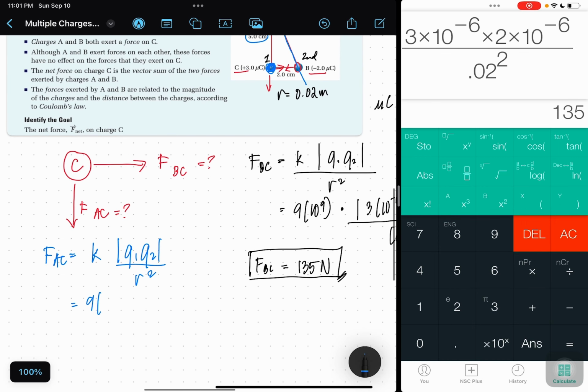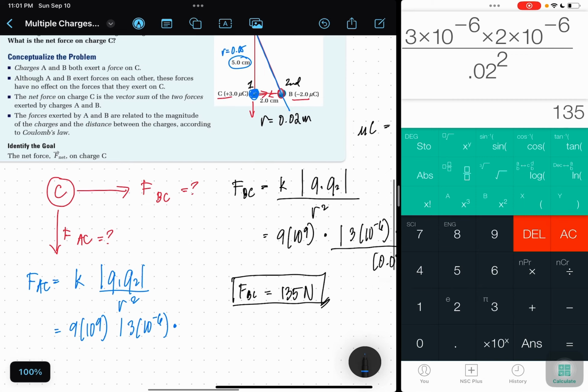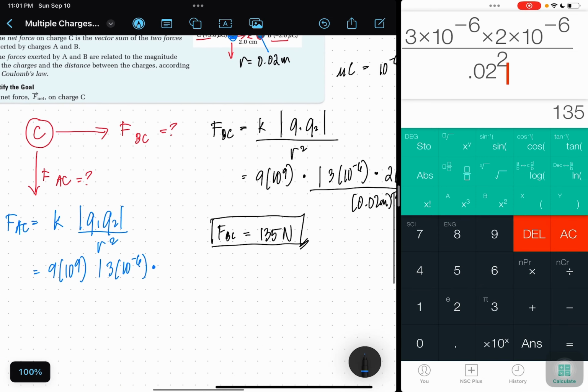So 9 times 10 raised to 9 multiplied by 3 times 10 raised to negative 6 multiplied by positive 5 times 10 raised to negative 6, divided by 0.05 meters squared. Let's put the unit.